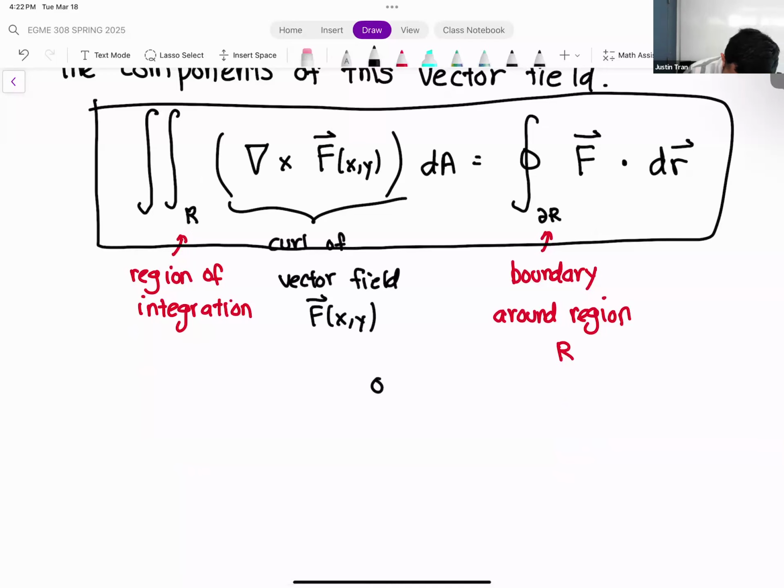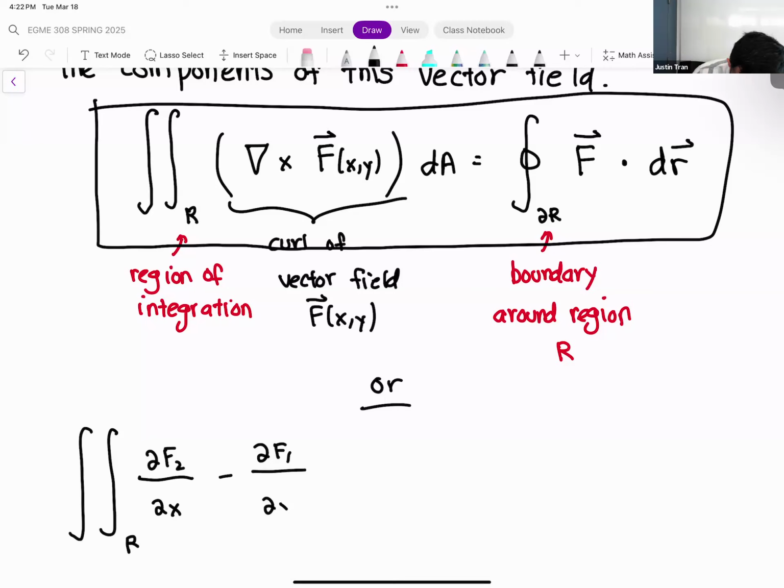Another version of Green's theorem that you'll probably use in your problems looks like the following. We have the double integral over the region R, and I'm actually going to write out the curl of the vector field in 2D. This is going to be partial F2 partial x minus partial F1 partial y, dx dy.